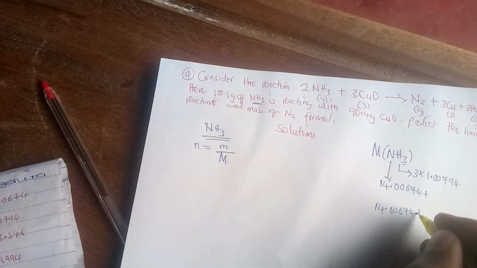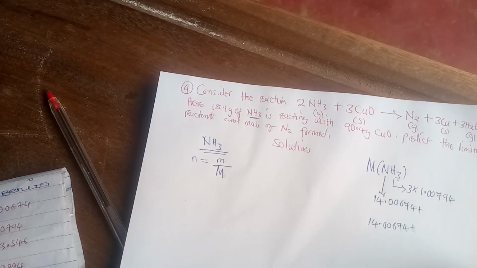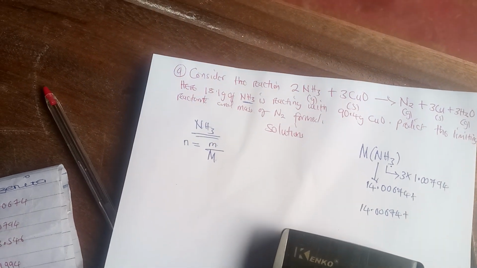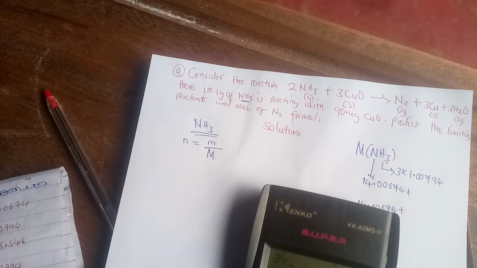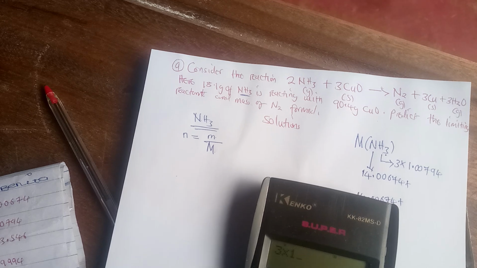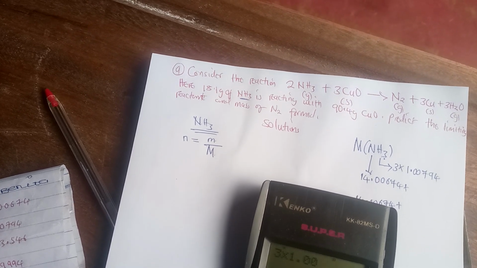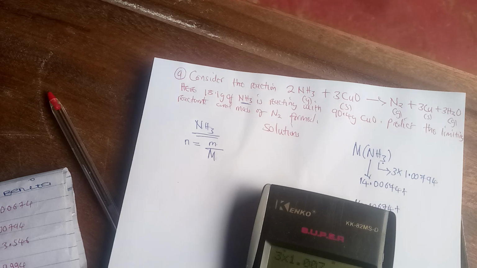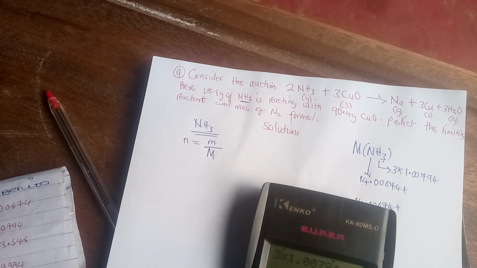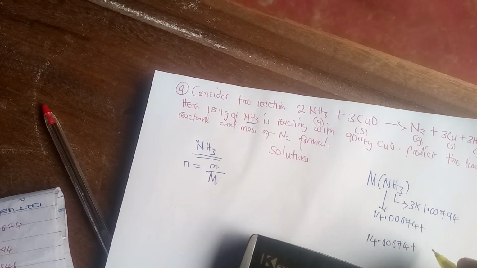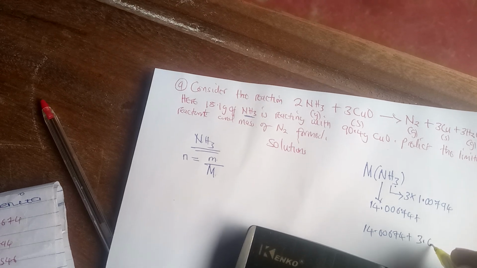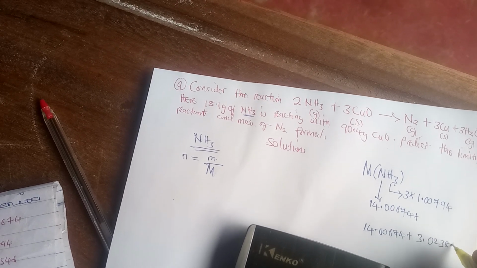So the final answer will be 14.00674 plus what we get from there. Let me punch on my calculator. So 3 times 1.00794 is giving me 3.02384.